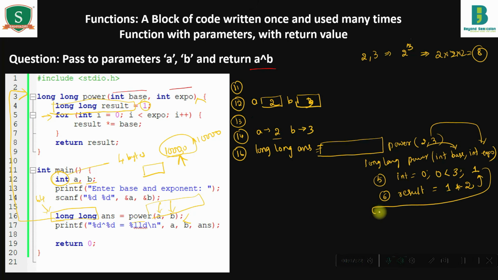Then again it comes back to the 5th line. Now i value 1 is less than 3, condition is satisfied. 6th line: result is equal to, already result is 2, multiplied by 2, 4.